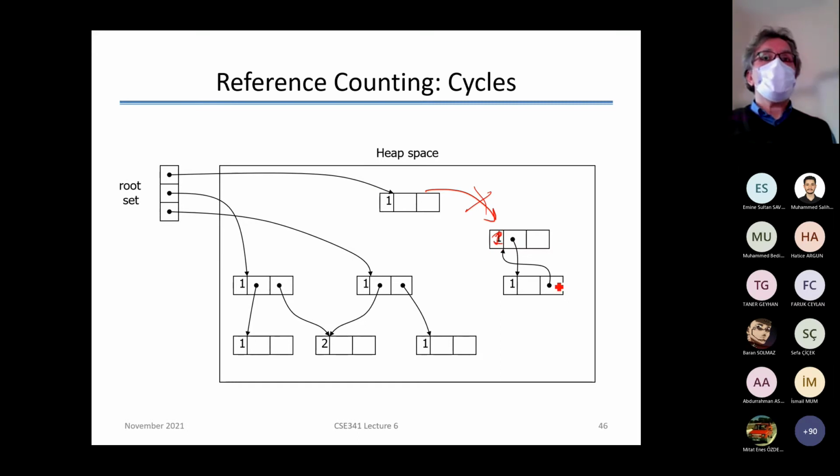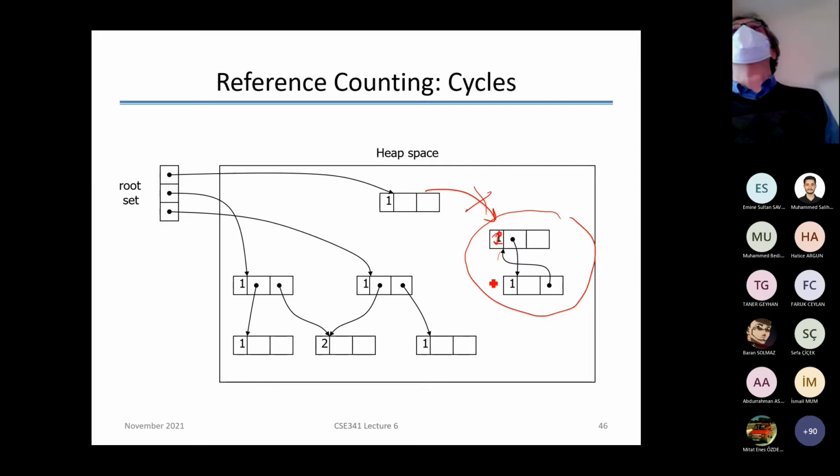Now this guy is live because there is a reference here, and this guy is alive because there is a reference here, but this cannot be accessed from outside. Now you can perhaps catch these cycles, but then you need to go after them. And going after them is going to be much more expensive than just counting these numbers and reclaiming what you have as zeros.